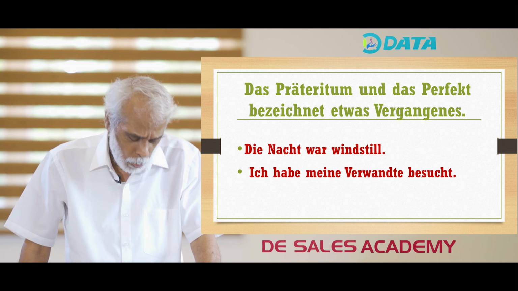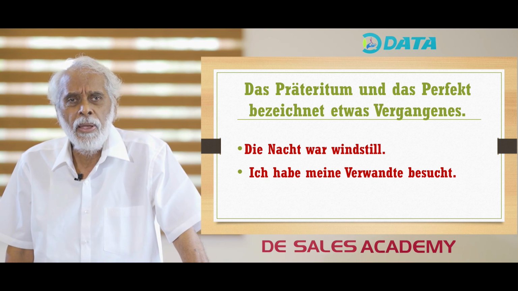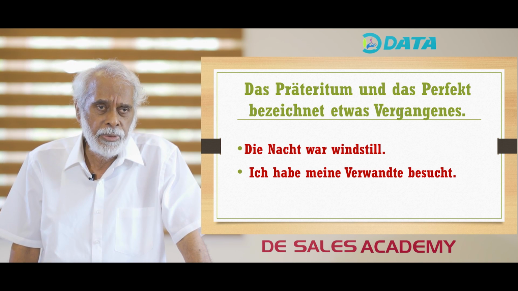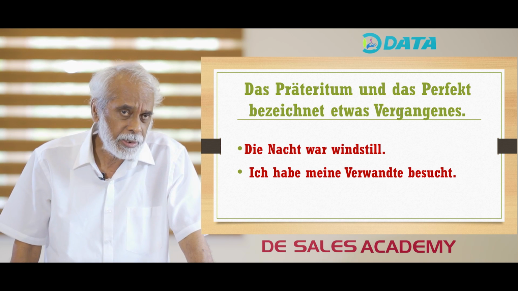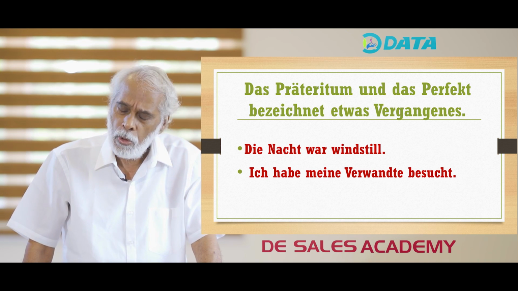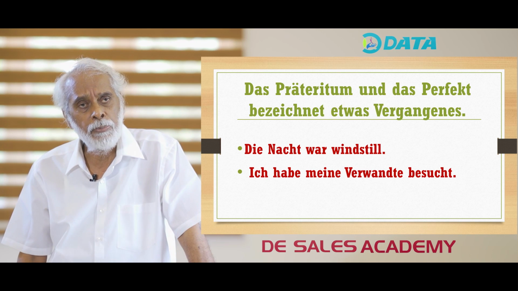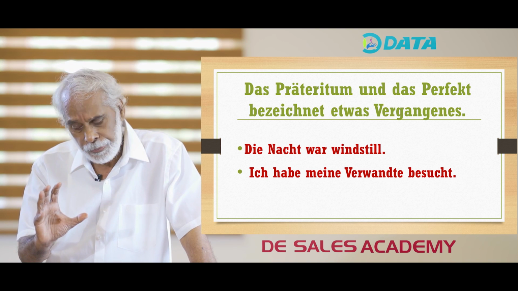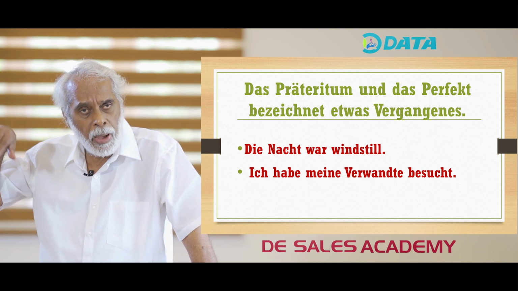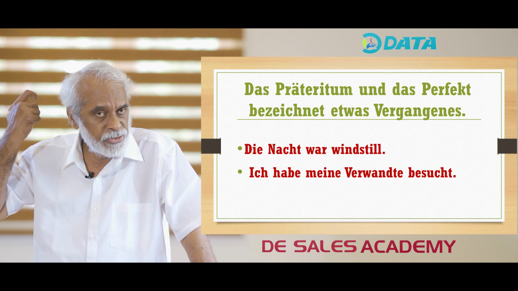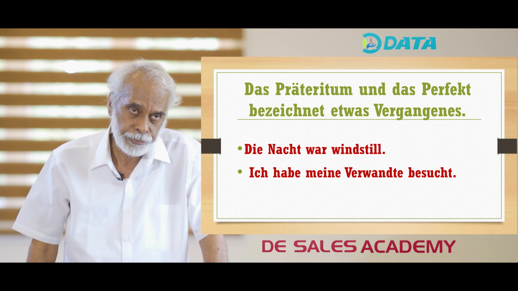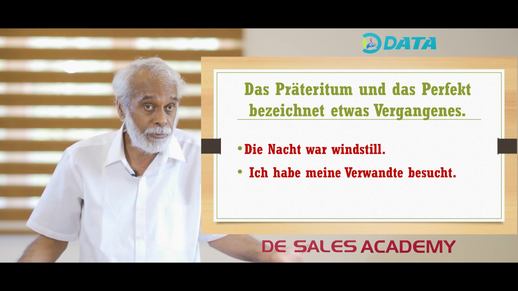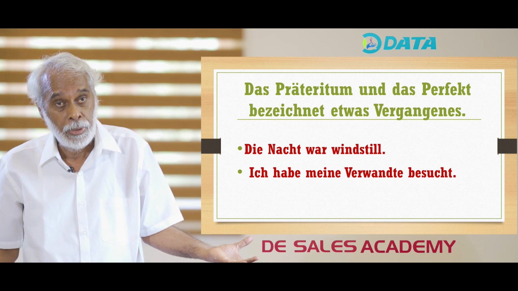Many people ask, what exactly is the difference between Präteritum and perfect? To be frank, there is not much difference between Präteritum and perfect. Both the tenses relate to some happening, some event, some incident in the past. Then why should there be two tenses?